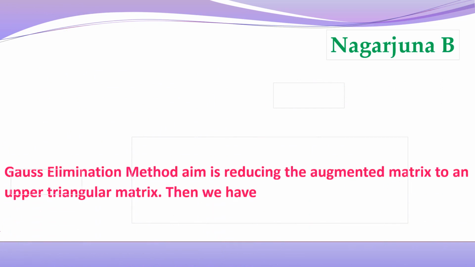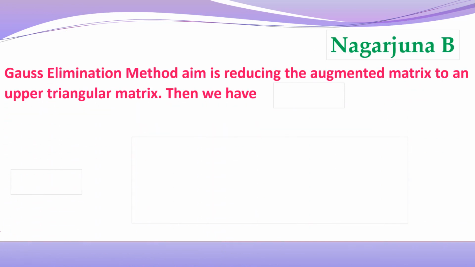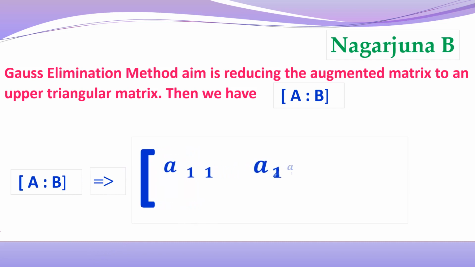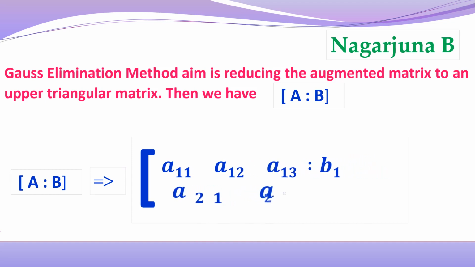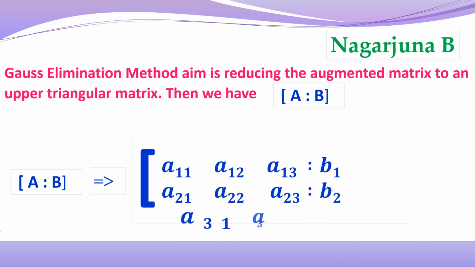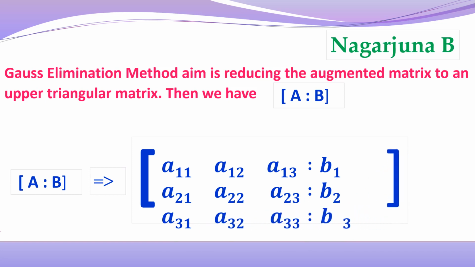The aim of the elimination method is reducing the augmented matrix to an upper triangular matrix. We have the augmented matrix A colon B, which will be equal to a11, a12, a13 colon b1, a21, a22, a23 colon b2, a31, a32, a33 colon b3.